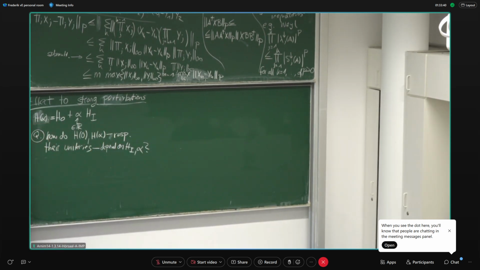When I say depend, I will again talk about an inequality. But this is the task. We have our dynamics generated by this Hamiltonian, and we want to see how far these unitaries are apart, depending on how strong the coupling is. That's the motivation.